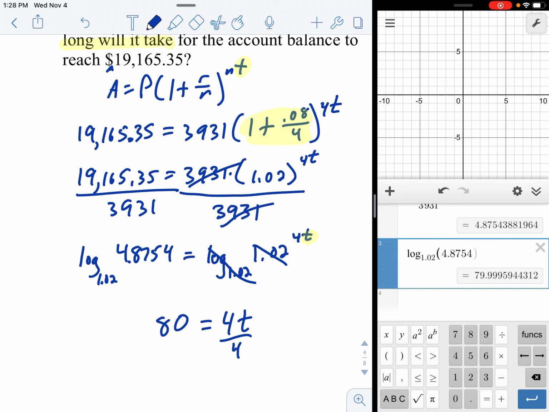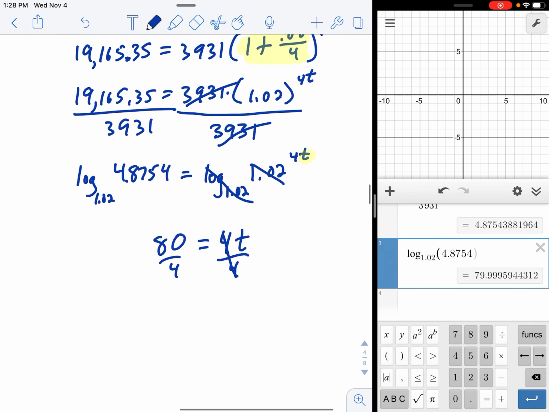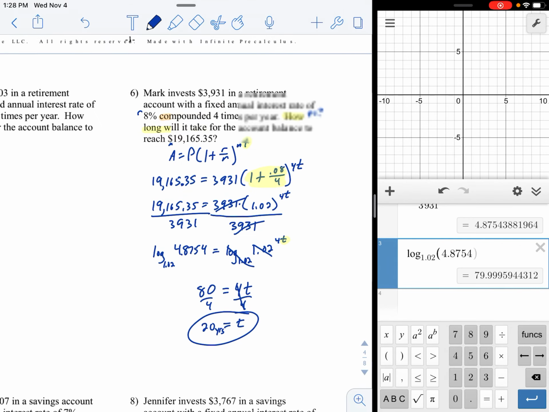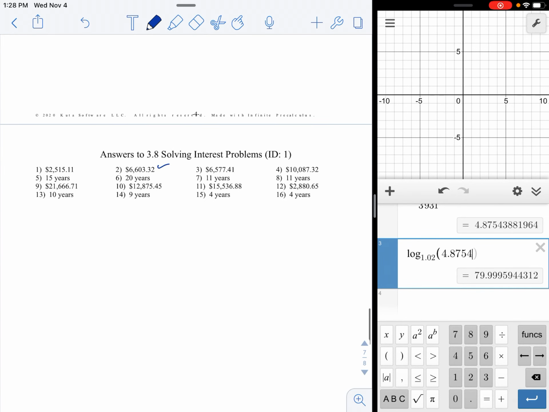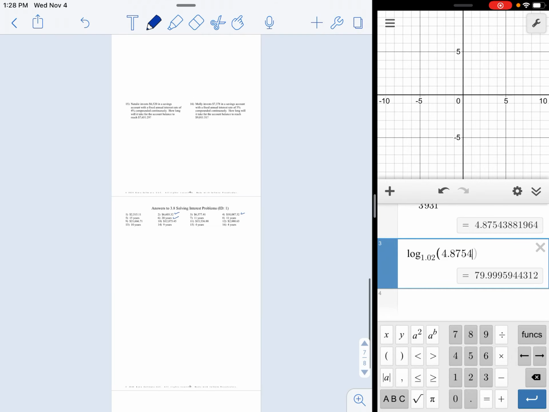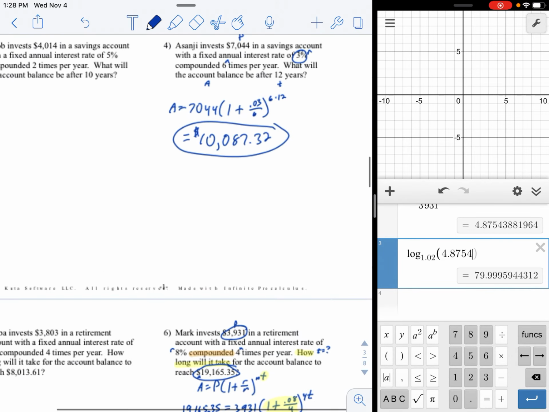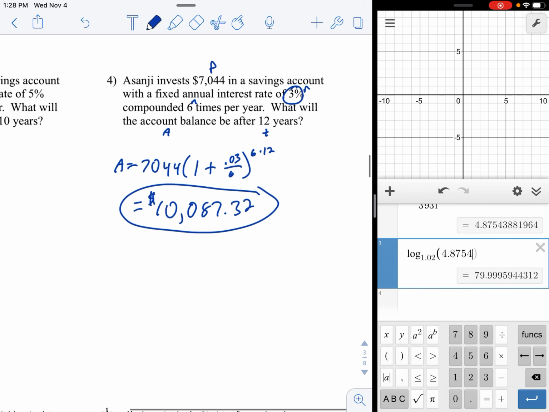And we are trying to calculate this to the nearest year. 80 divided by 4 is 20, so 20 years is how long it'll take to turn $3,931 into $19,165.35. Let's check number 6 and make sure. There it is. And did I not check number 4? 10,087 and 32. There it is. If I forgot to check it before, sorry about that, but we're good.